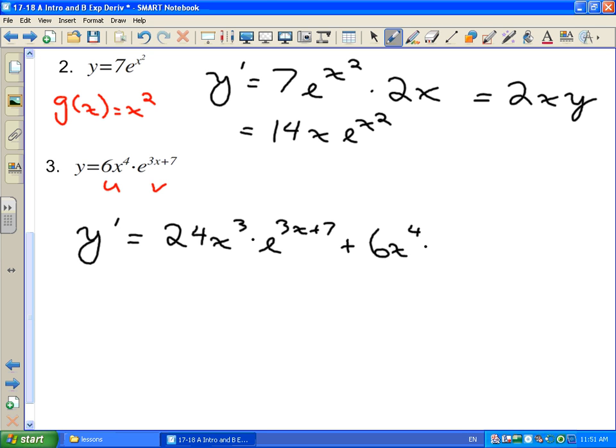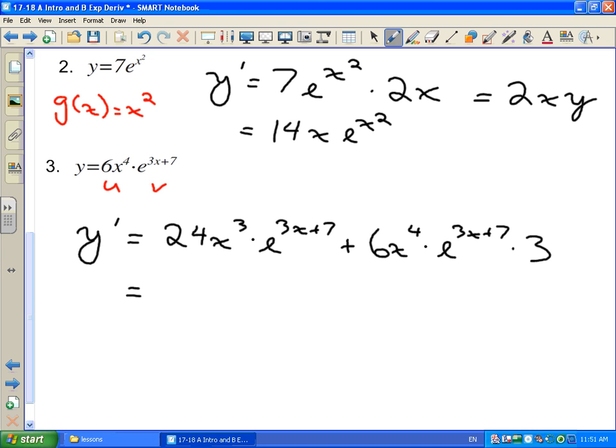times, what is the derivative of v going to be here? v is an exponential function, so we're going to have our original exponential function, e to the 3x plus 7, times the derivative of what's in the exponent, which is just 3. Okay.